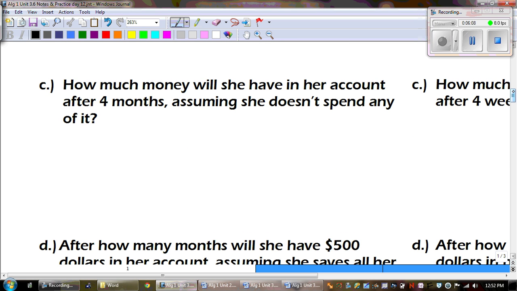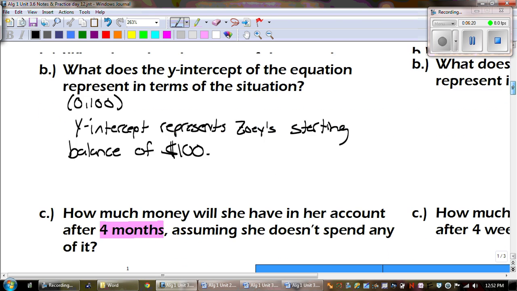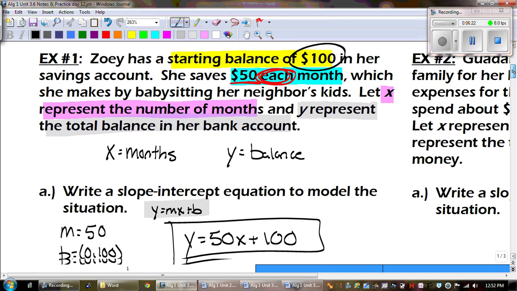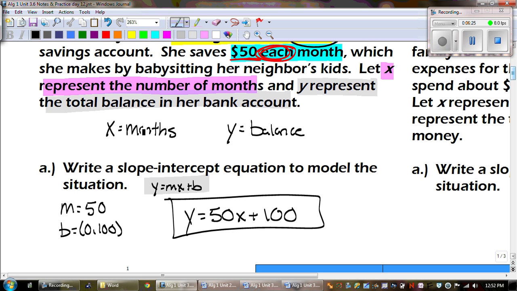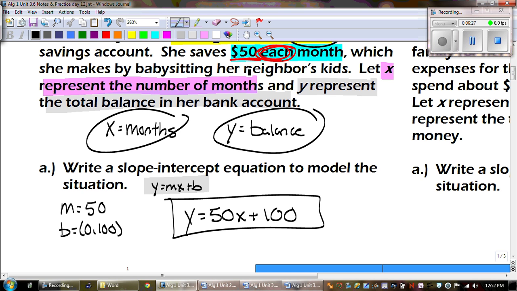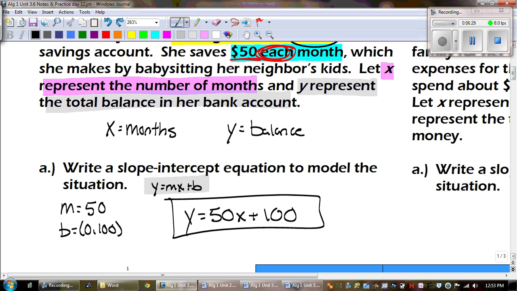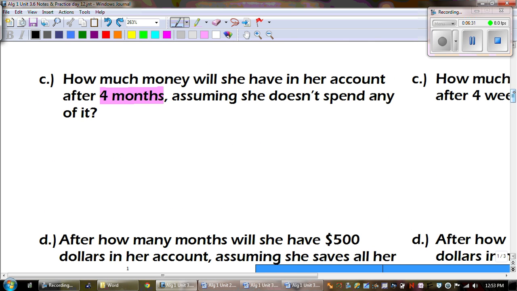All right, C. How much money will she have in her account after 4 months, assuming that she doesn't spend any of it? So this is where it's very important at the very top to talk about months and balance, what our x was and what our y was. We said that the x represented the months, and right here they said 4 months, so this is our x.